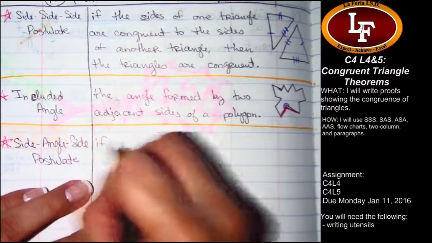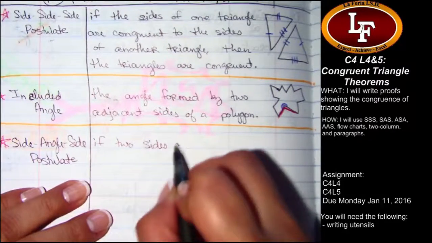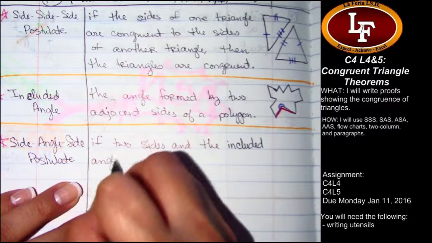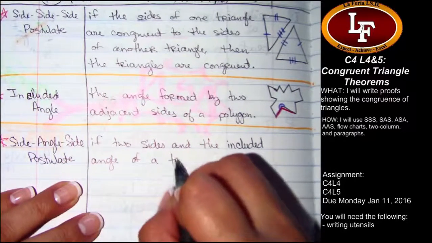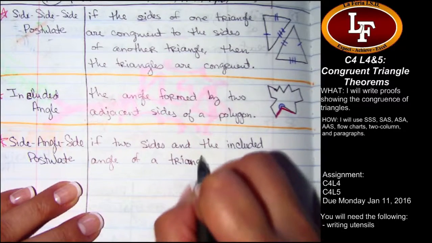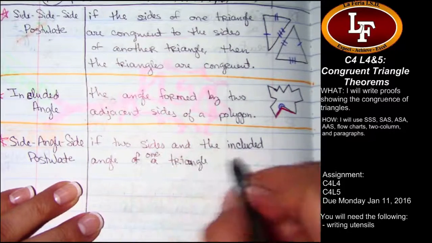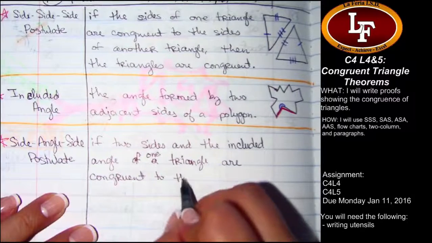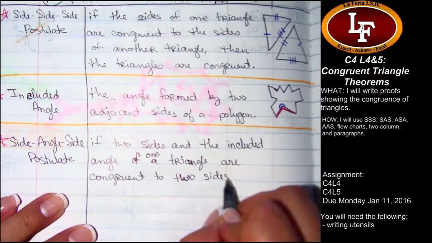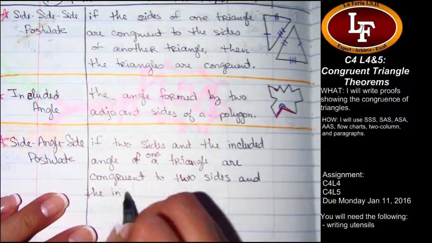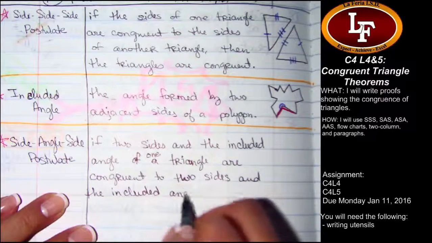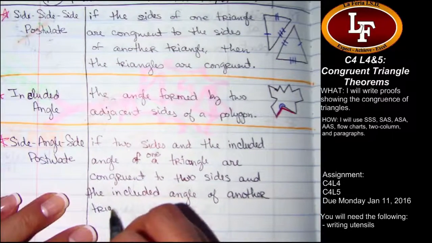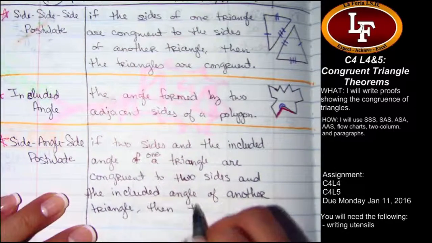And it says this: if two sides and the included angle of a triangle, let's be specific, let's say of one triangle, are congruent to two sides and the included angle of another triangle, then the triangles are congruent.